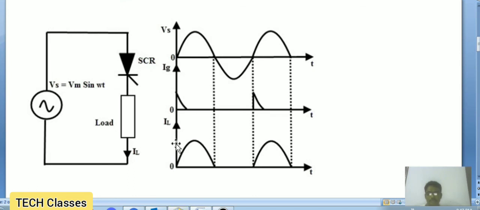After the conduction state, the anode current flows to the load, that is the output current flows. After pi to 2 pi, what happens? The reverse voltage is applied to the SCR. This reverse voltage causes a reverse current in the SCR.